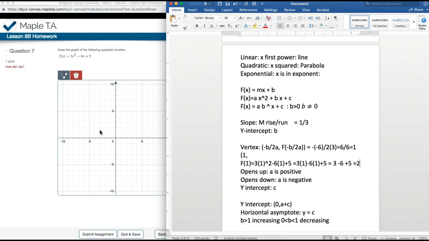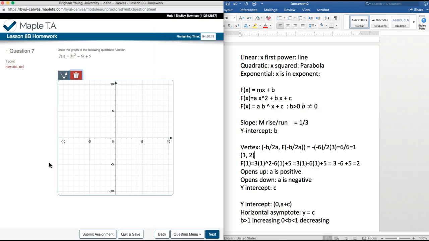And so I have the vertex at 1, 2, which we already graphed before in Maple, but I graphed it second, and that's why it did something weird on me. Oh, I need to click that I'm graphing 1, 2. And I had my y-intercept, it's that very last number, 5. And you'll see in flipping those, it made my graph go upwards.